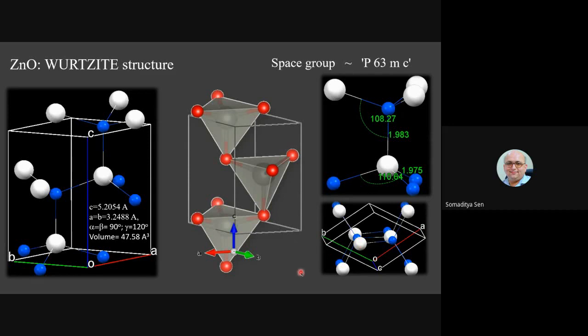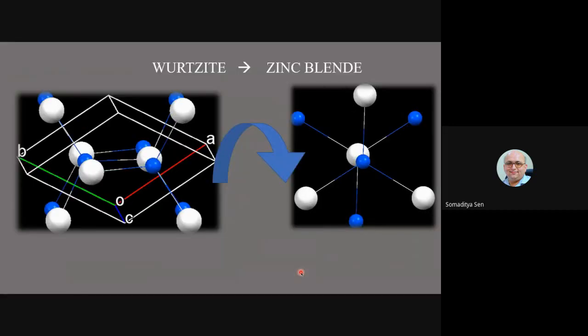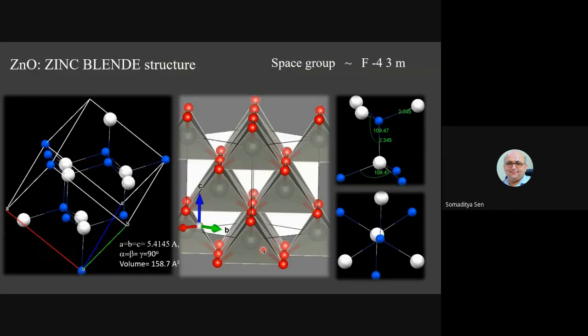Now when you go to the zinc blend, what you actually do is turn the pyramids by 60 degrees. So this atom was falling on top of this atom, and now it has rotated by 60 degrees. So this is the zinc blend structure, which has different sets of ABC values, but this is a cubic structure.